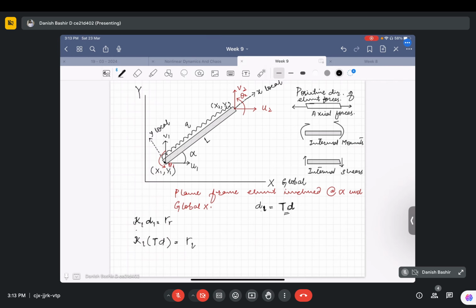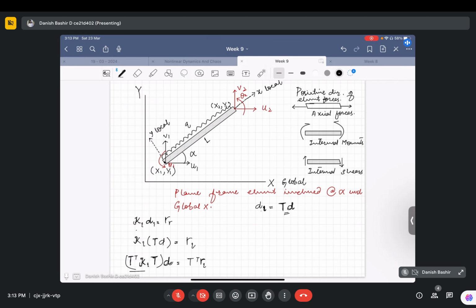Okay, R local. If I pre-multiply by the T transpose matrix, T transpose KL times T, D will be there again. It will be T transpose KL T D equals T transpose RL.